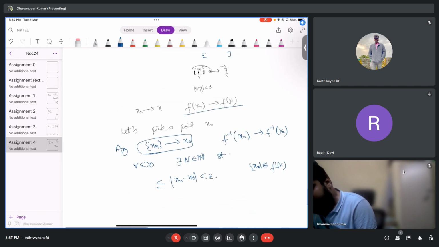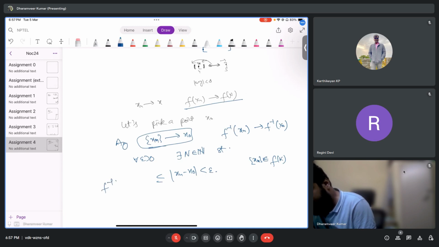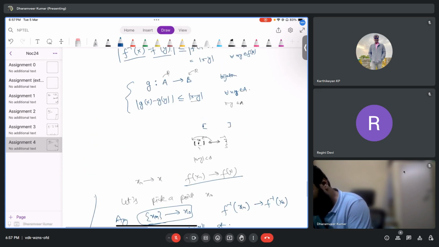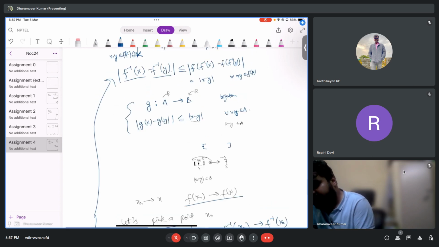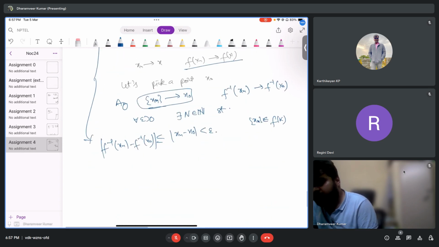So when that happens, you can write it as |f inverse of xn minus f inverse of x naught| from here. So that implies f inverse of xn converges to f inverse of x naught.